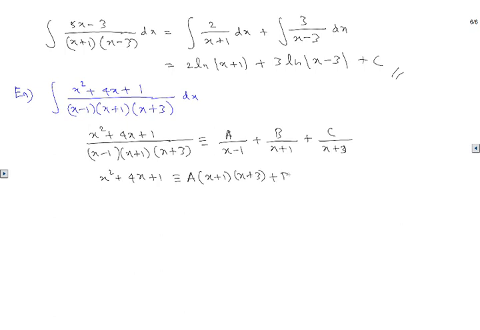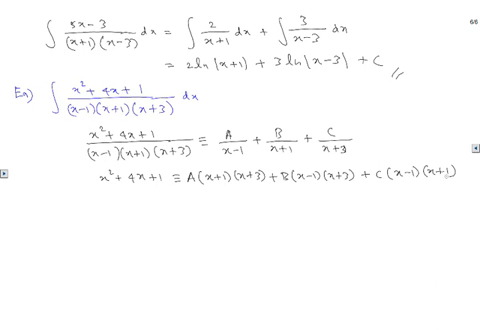Then for b, the x plus 1 gets canceled, you get the other 2. And for c, the x plus 3 gets canceled, you get (x minus 1)(x plus 1). Okay, this is very clear. You always cancel the denominator term and you get the other terms.